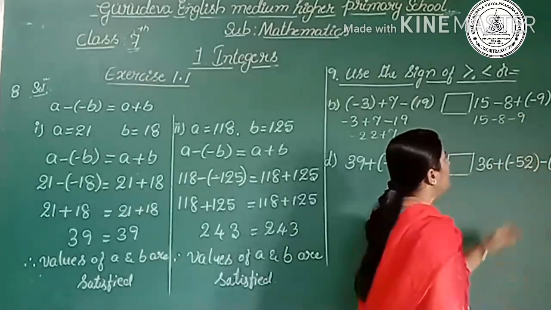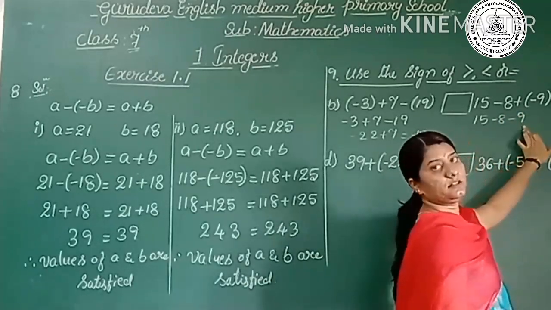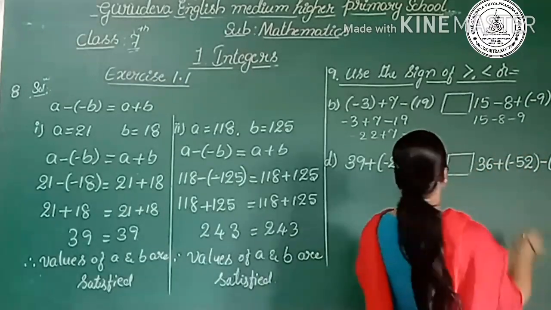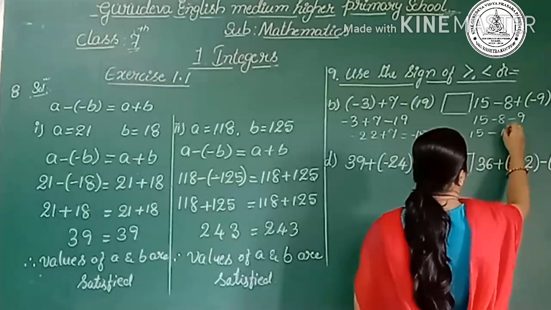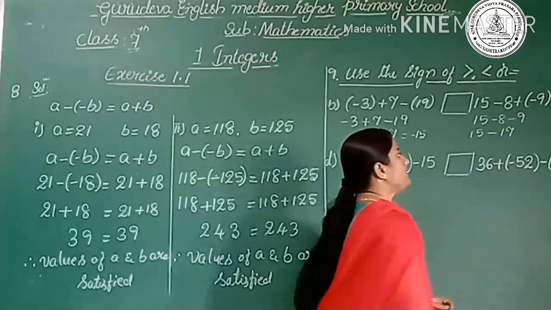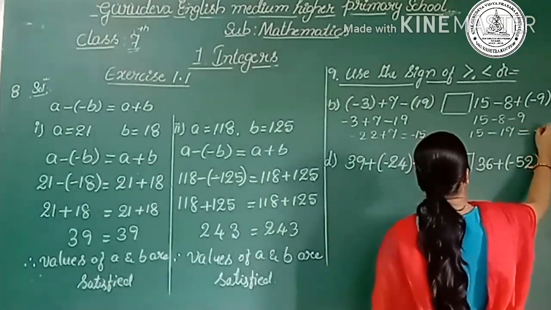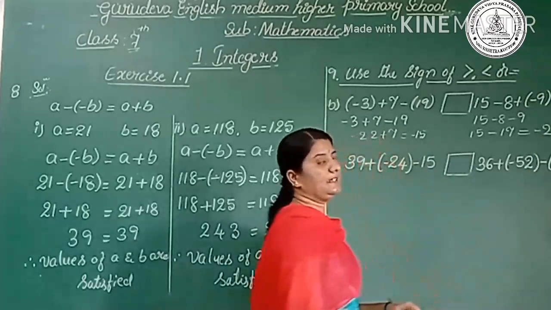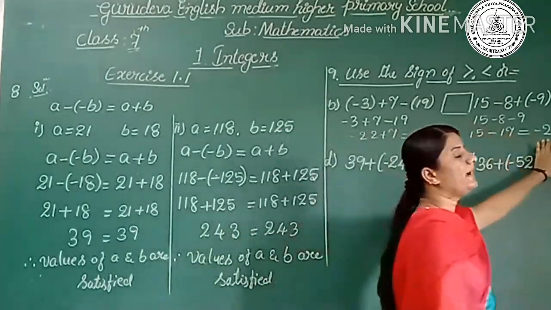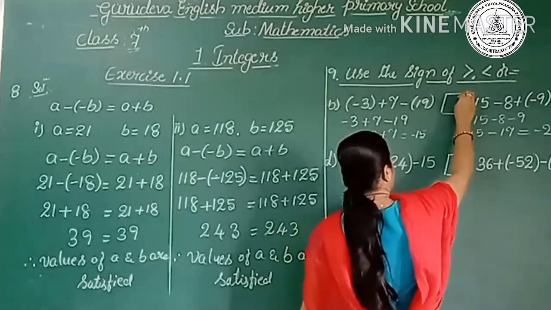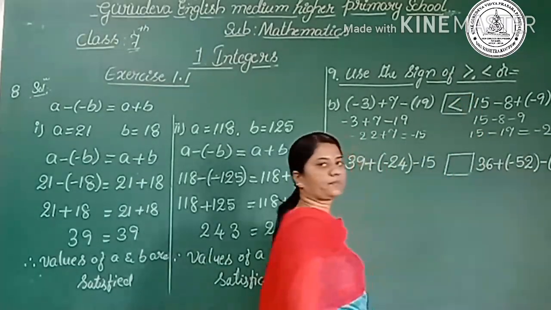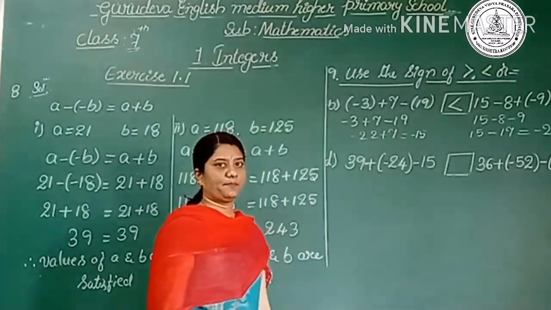So minus 8 minus 9 is minus 17. So minus 15 minus 17 is equal to minus 32. Then which is greater, minus 15 or minus 32? Yes, so minus 15 is the greater sum.